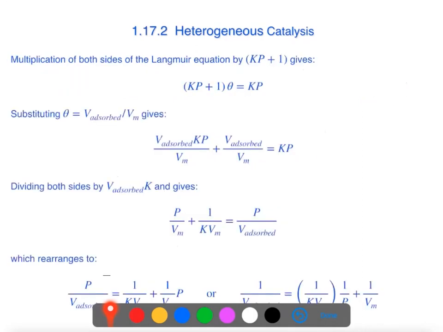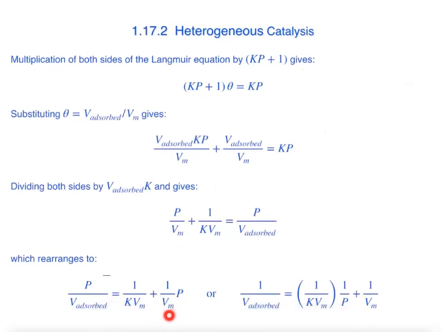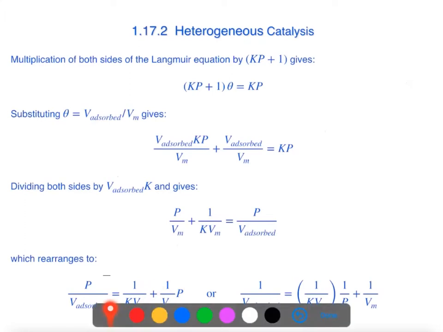So if we go back to our expression, the slope is equal to 1 over Vm, and the y-intercept is equal to 1 over kVm. If we determine the slope and the y-intercept, and we divide the y-intercept by the slope, we'll end up with 1 over k. And so the inverse of that would give us the equilibrium constant.